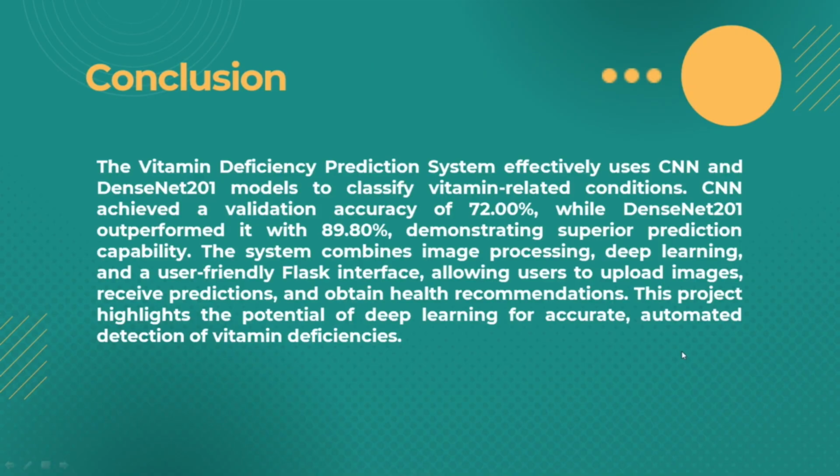So we can conclude that the CNN model and the DenseNet201 model were trained for the classification, but the CNN model achieved only 72% accuracy, while DenseNet performed at approximately 90% accuracy. So we come to the conclusion that DenseNet201 can be used for our further process.